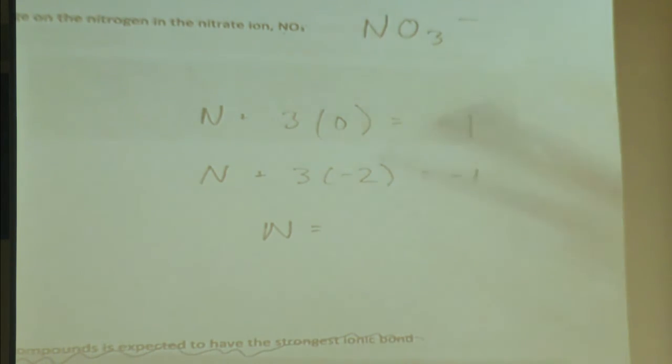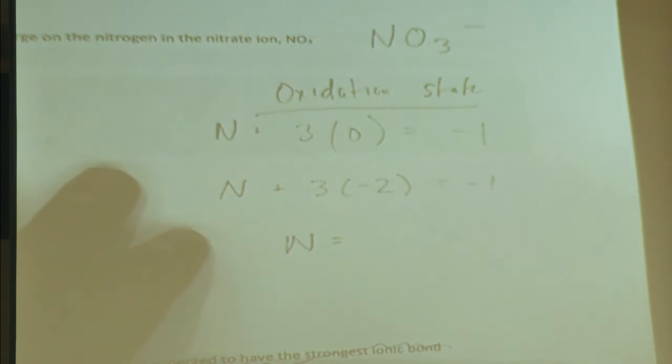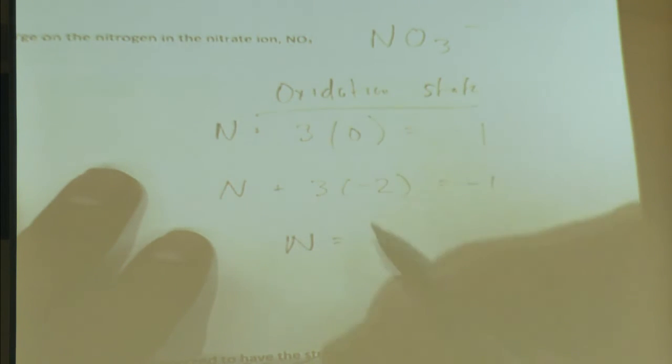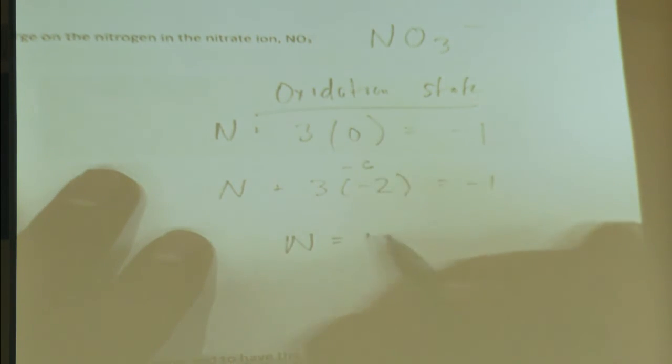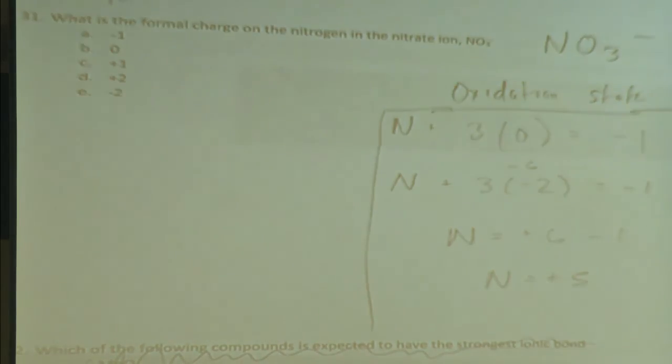This is oxidation state, which is still important to understand. So N equals positive 6 minus 1. N equals plus 5, right? This is oxidation state. When all these numbers were like plus 1, I was like, I'm doing something wrong.